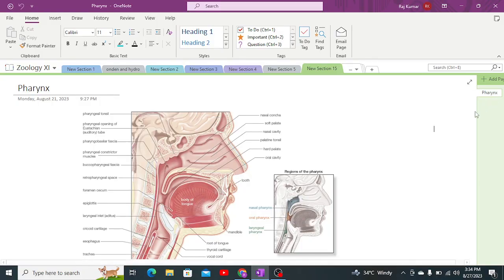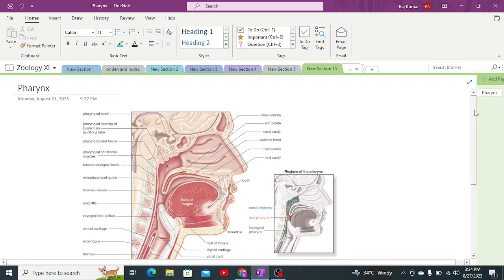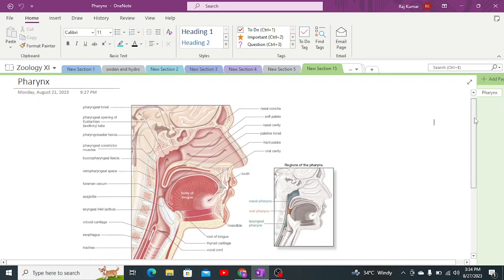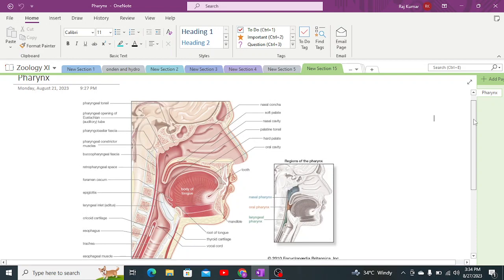Pharynx is a structure which is present as a cross station or intersection between three pathways. First, it acts as an intersection between the digestive tract and the respiratory tract, and it also connects our air to the digestive and respiratory tract.